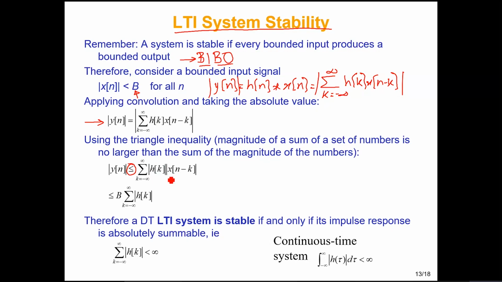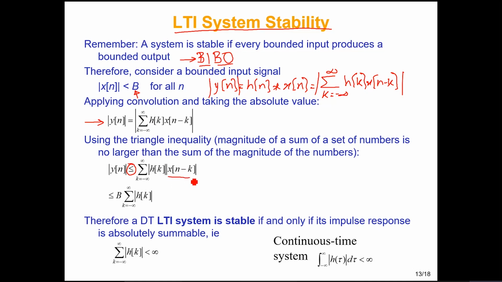But if we put a mod here, that means we are always taking the positive value. So this product will always be positive, and that will end up making the summation either equal to this or greater than this.